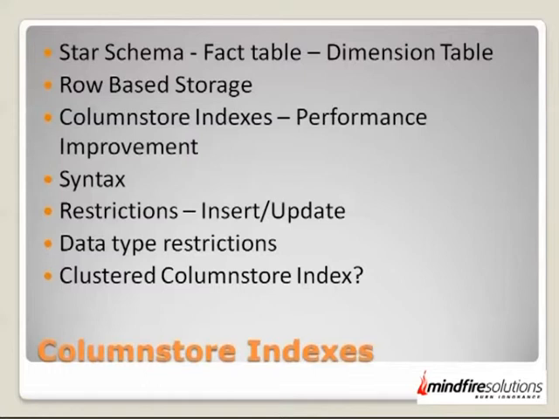That is why it's called the star schema. You have a fact table and you have the dimension tables, right? So this is very useful when you have a column store index. The classical storage has been row-based storage, but with column store index, the performance would be much higher. We'll quickly see the syntax here.